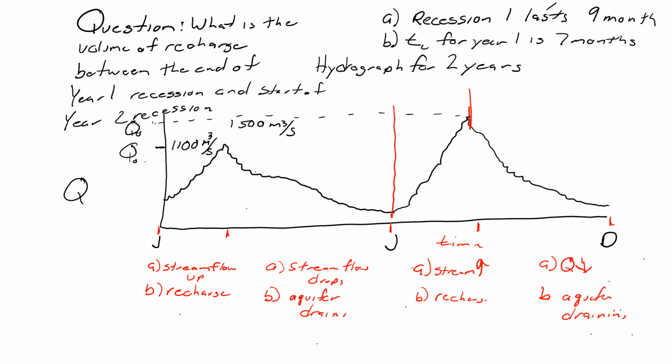The time it takes for Q to drop from 1,100 to 110 in the first year's recession is 7 months.